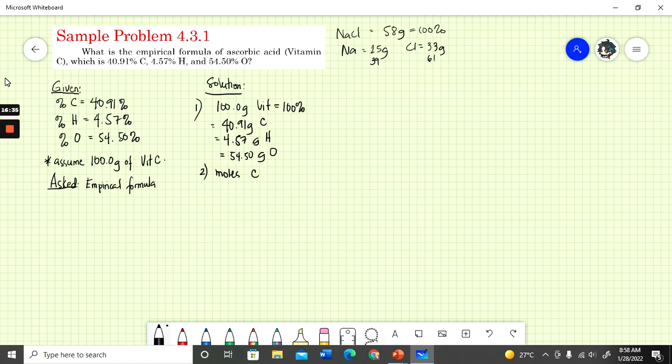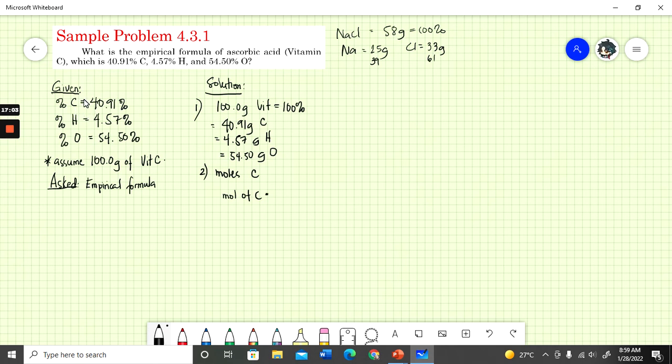The moles of carbon can be found by taking the atomic molar mass. Do you remember the molar mass of carbon? This is the atomic number found on your table of elements.